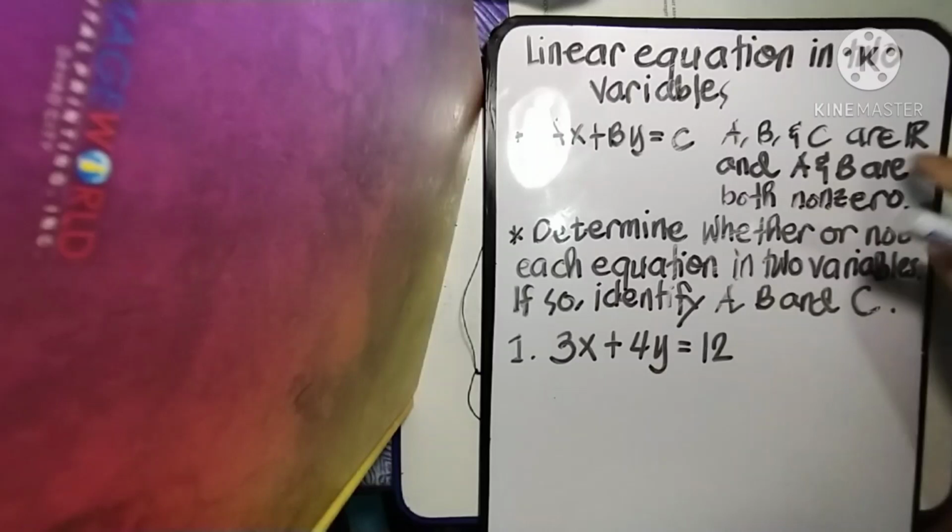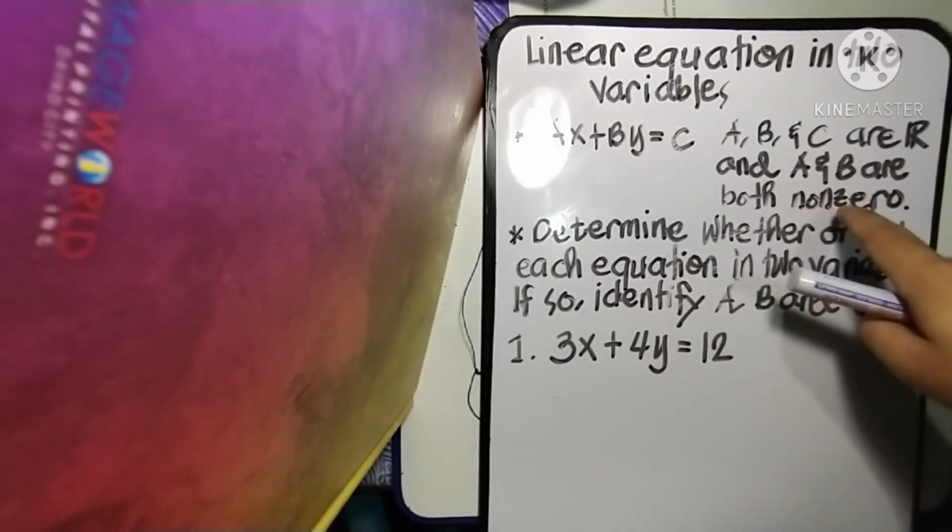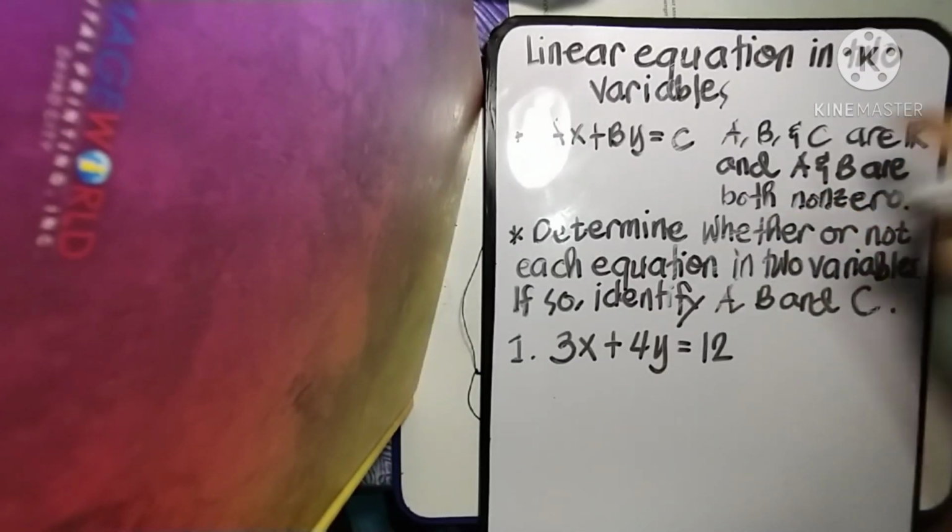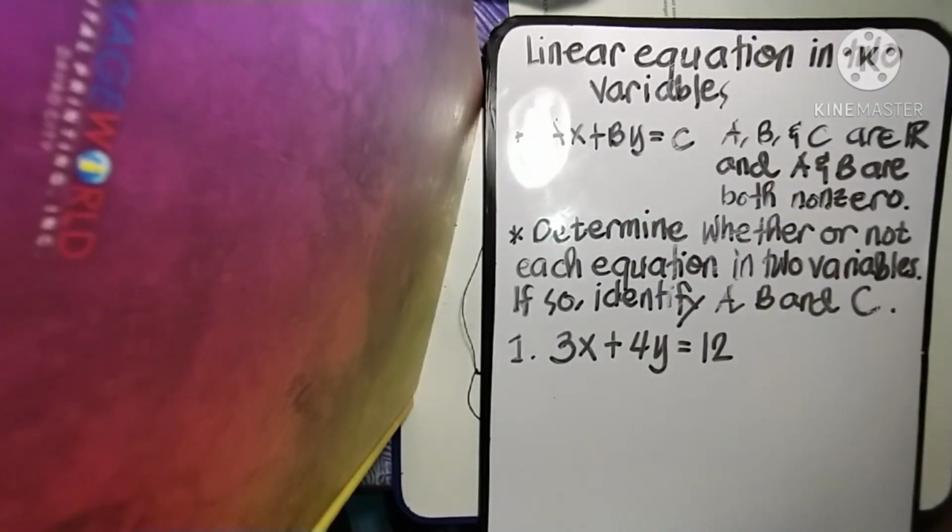And take note, a and b are both non-zero. Okay, pag ma-zero ang isa ani, dili na siya matawag og linear equation in two variables. Okay, when we talk about variables, that is any letter in English alphabet that can be represented in this form.